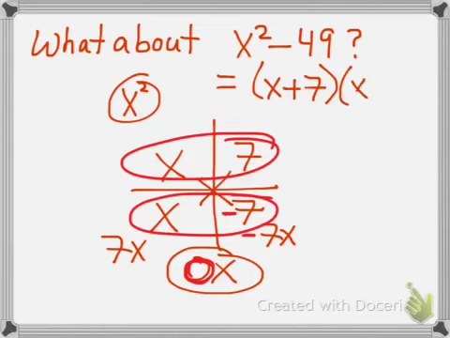This is one of those special products over here of x plus 7 times x minus 7. That's because what you had was a difference of two squares. X squared minus 49, that's a difference of two perfect squares. The square root of x squared is x, the square root of 49 is 7, so one's x plus 7, the other one's x minus 7.